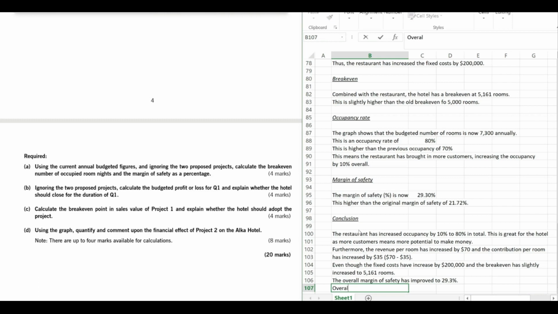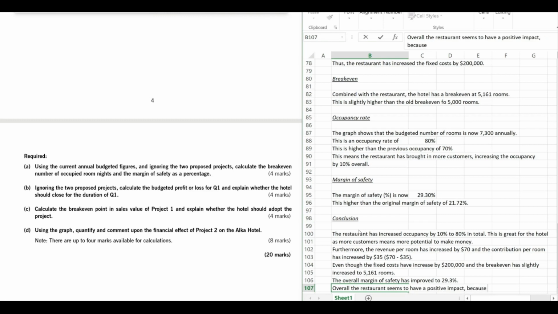Overall, it seems to have, the restaurant seems to have a positive impact, and let's conclude with the key point on why we're saying it's a positive impact.